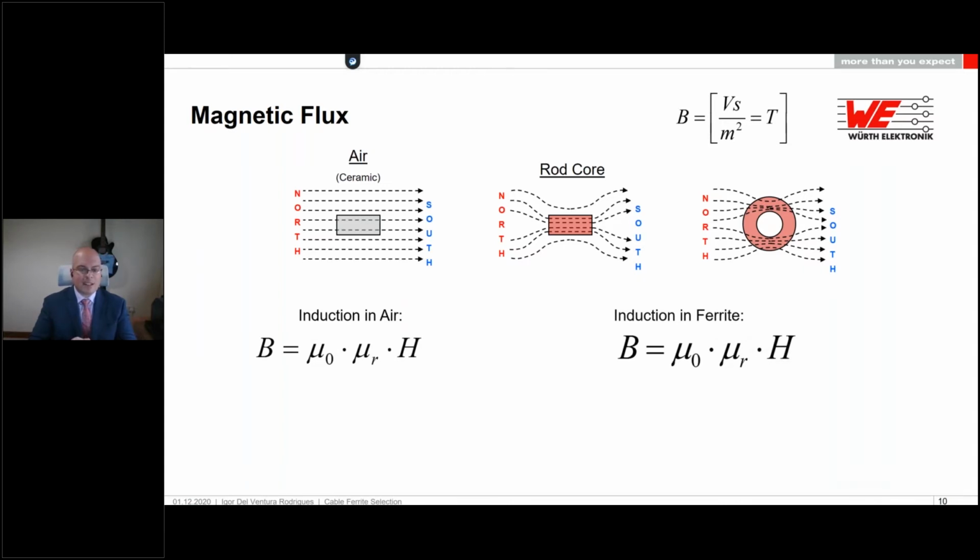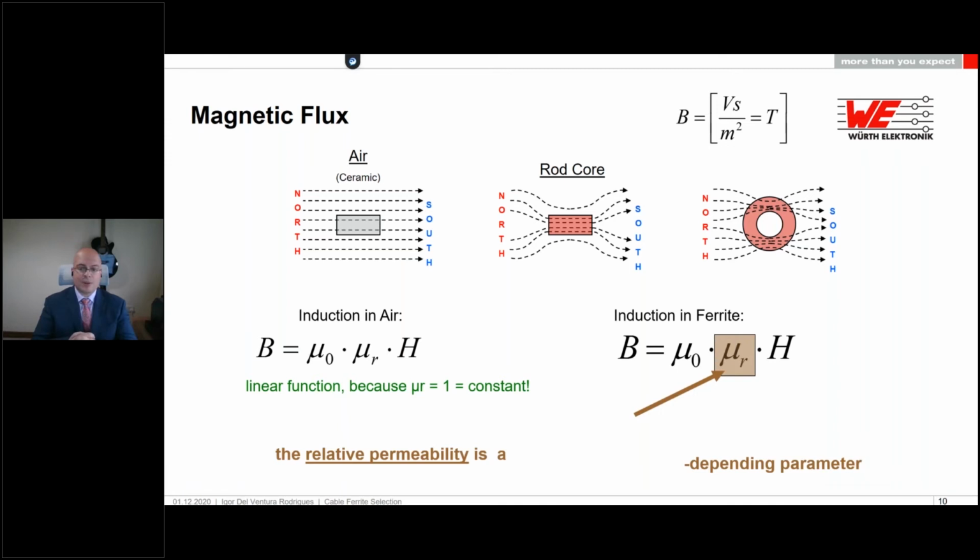Then we have something that we call μ, which is the relative magnetic permeability of any material. It's relative because it's relative to the air. If we measure, of course, the permeability of the air and compare it to the air itself, it will be 1, and it will be constant. Nevertheless, when you go to other materials, especially the ferromagnetic ones, you will measure a different value.